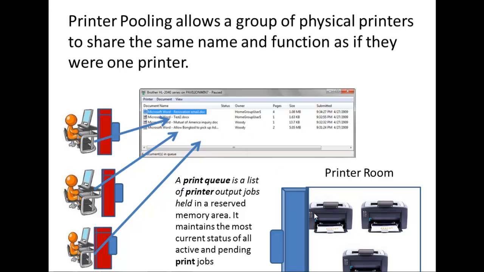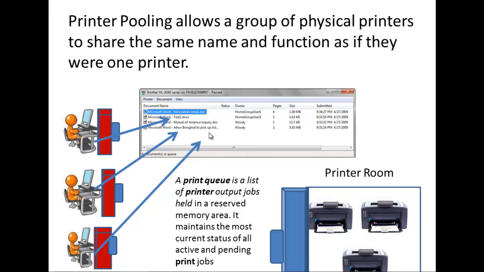Here you can see we have a group of printers in the printer room, and these printers are attached to the print queue. You have users on the network in separate cubicles, and each of them, instead of sending the print job directly to the printer, the print job is going to the printer queue.